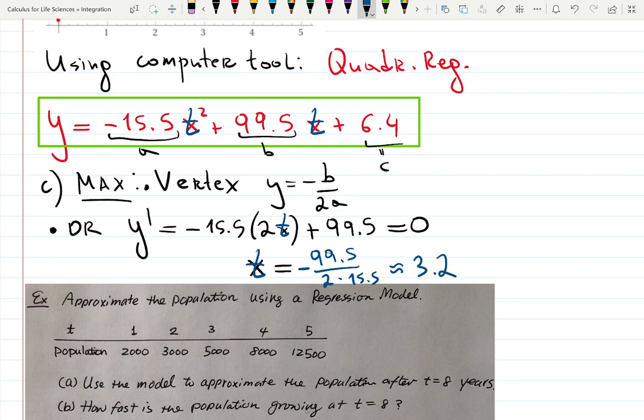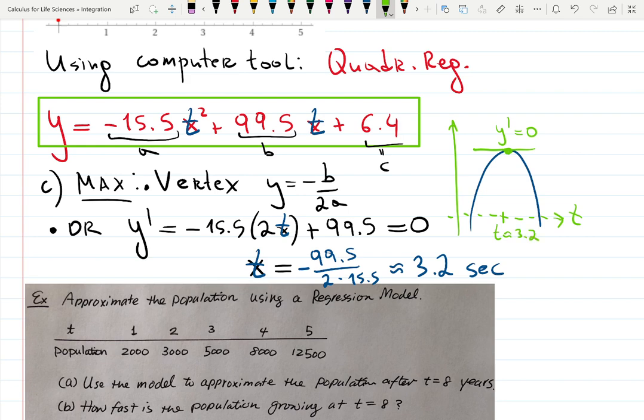In 3.2 seconds, the rock reaches its maximum, or the cannon, if you're shooting the cannon, when it's going to reach the maximum, in 3.2 seconds, or whatever you're throwing. How do we know it's a maximum? Remember, parabola concave down. Here, your derivative y is 0. So we can just solve when this happens. Apparently, for t, this happens approximately at 3.2.